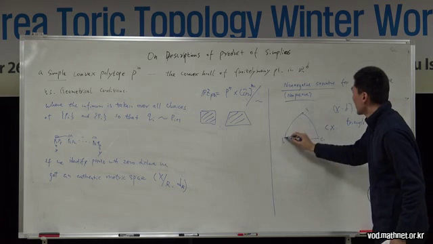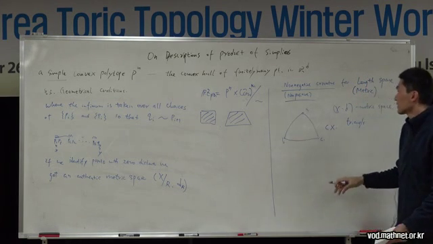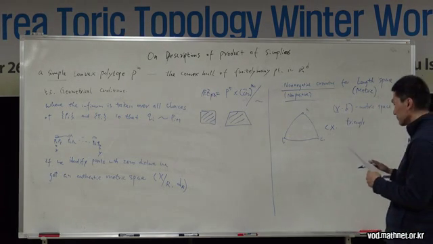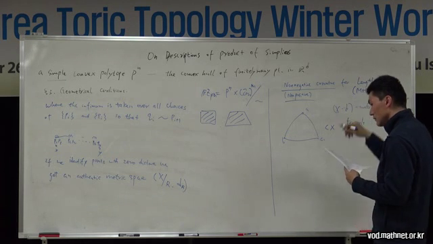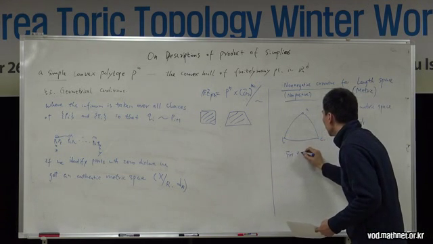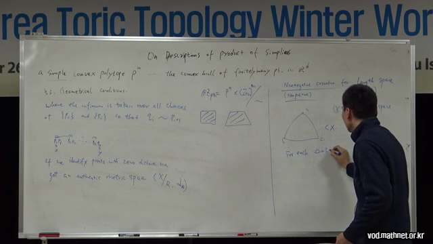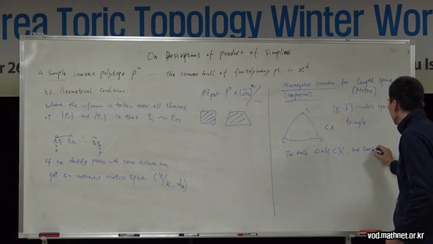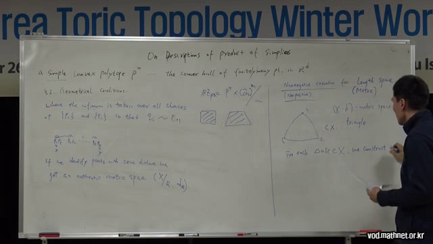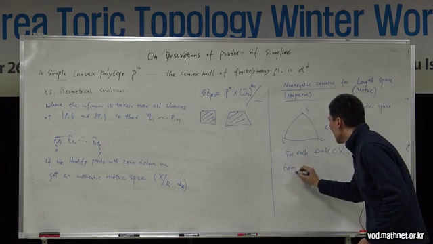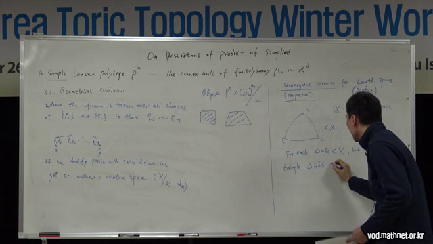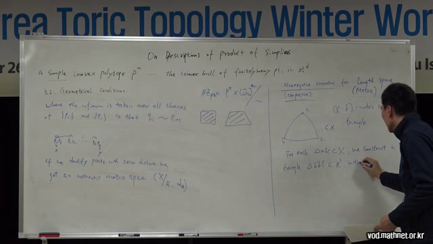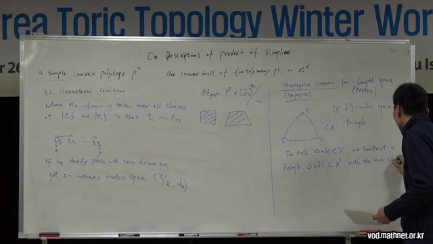Then for each triangle in X, we construct a triangle A bar, B bar, C bar in the Euclidean plane R2 with the same edge lengths.